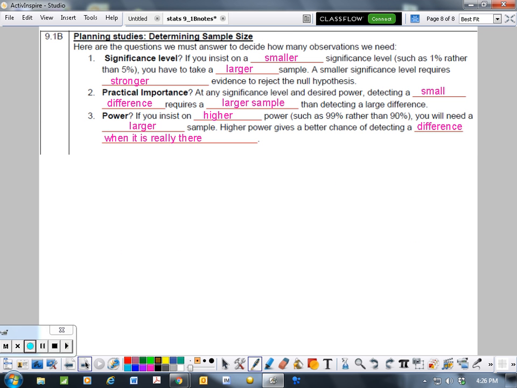Okay, planning studies, determining sample size. Again, sample size affects a lot. If you insist on a smaller significance level, so a smaller alpha, then you really need to increase your sample, because a smaller significance level requires stronger evidence to reject the null hypothesis.